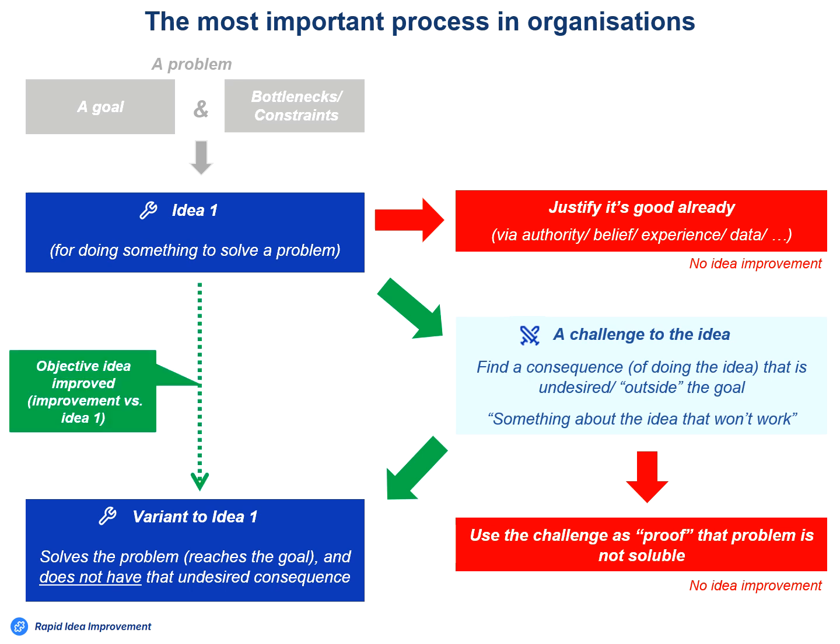Once you have followed that pathway, so the two green arrows, you have objectively improved the idea, objectively versus idea number one. So the variant is objectively better than the idea one. That's how we improve ideas via this two-step approach and avoiding the two, let's say, red avenues that do not lead to idea improvement.